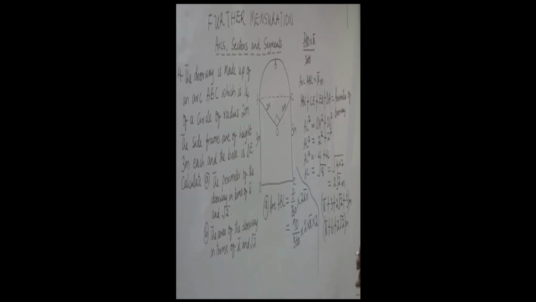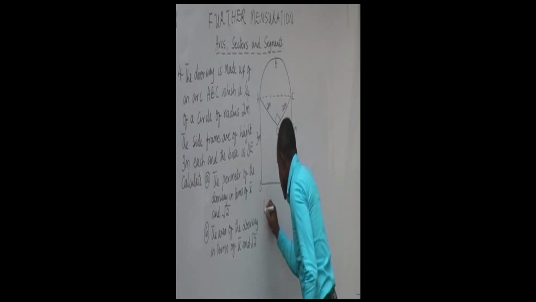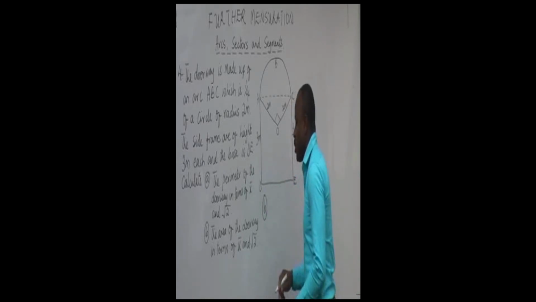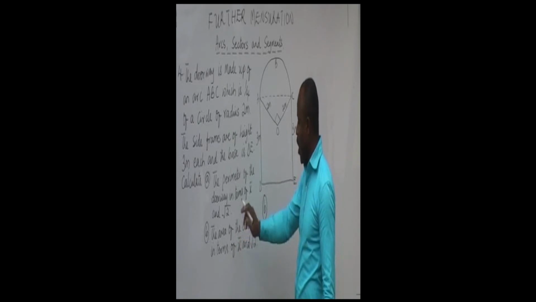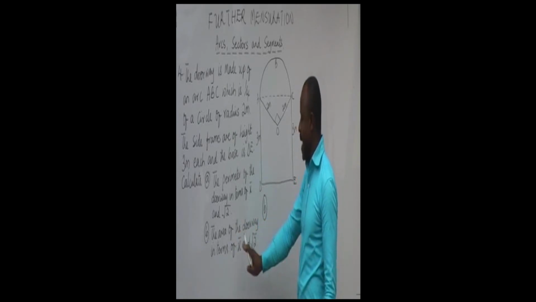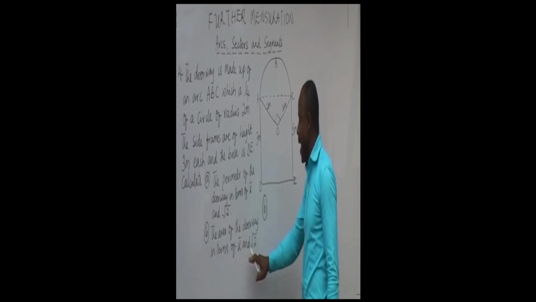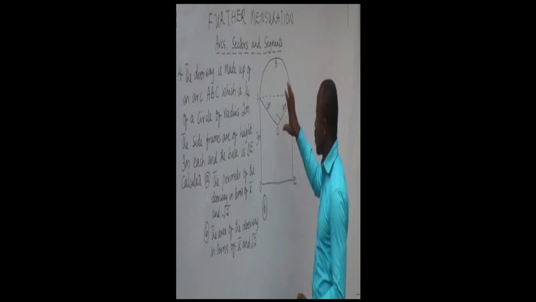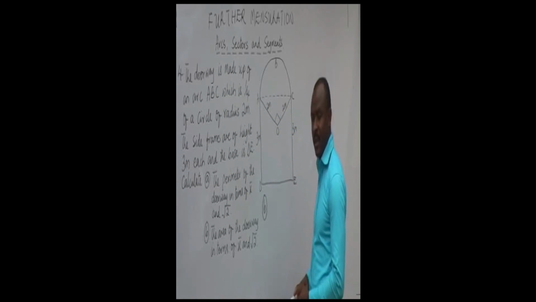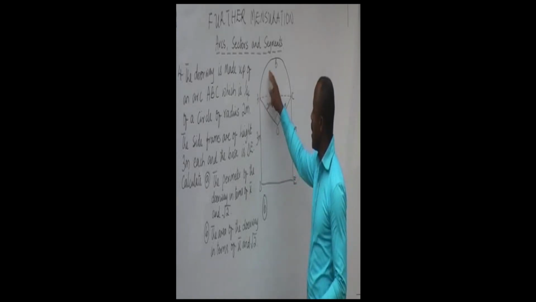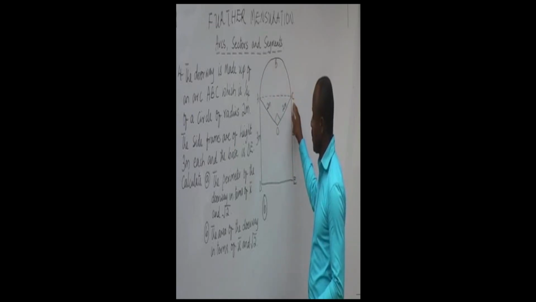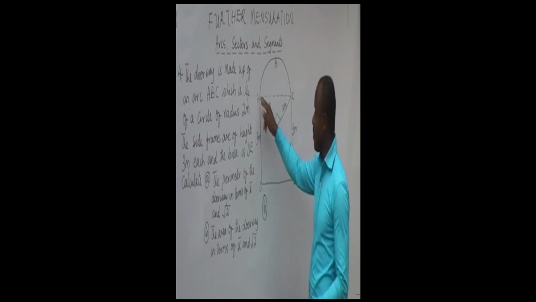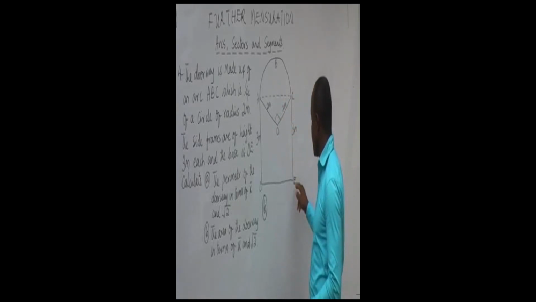Question number B said we should find or calculate the area of the doorway in terms of the same pi and root 2. Area of this structure now, which is the doorway, is equal to area of this arc ABC plus area of the rectangle ACED.